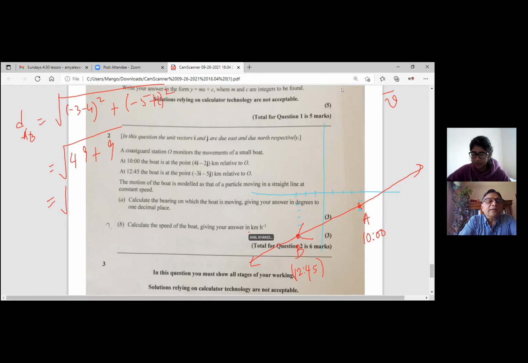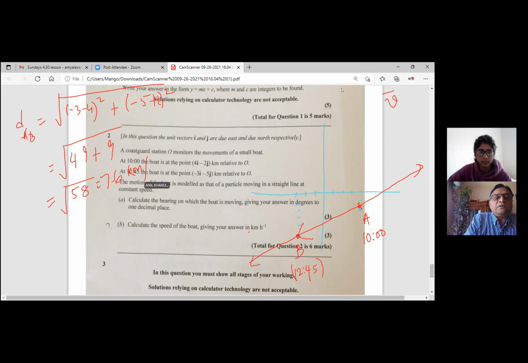So 49 plus 9 is 58, square root of 58. The answer equals the square root of 58, which in decimals is 7.6.